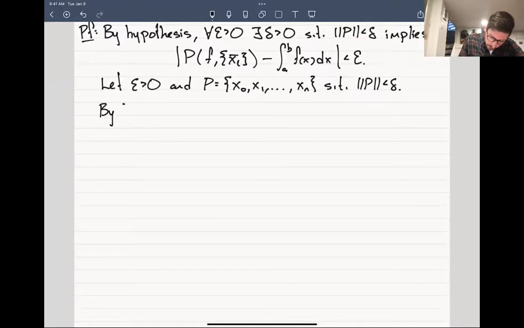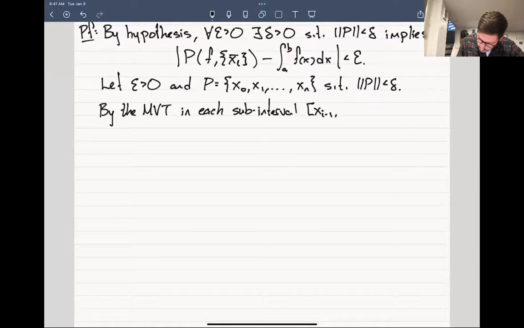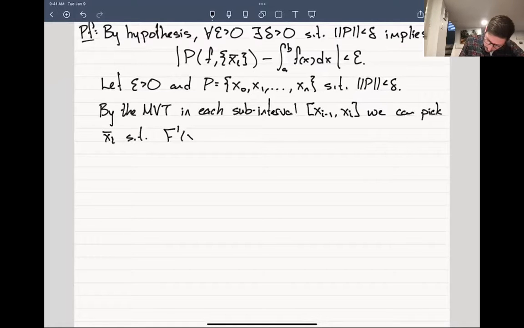So by the mean value theorem, MVT, in each subinterval, x_{i-1} to x_i, we can pick our evaluation point, xi bar, such that capital F prime of xi bar, that's little f of xi bar.